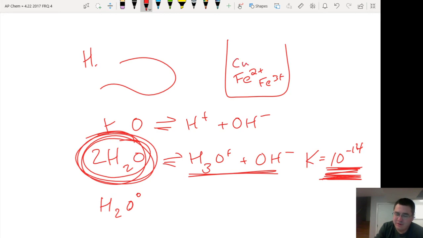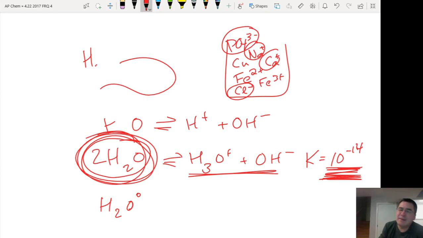Actually, the more common ones would be calcium, sodium, chlorides, because we put chlorine in our water, and phosphates, PO4 3-. Those ones are probably the most common. And because those are present, tap water conducts electricity. But pure H2O doesn't, because the K value is too small.